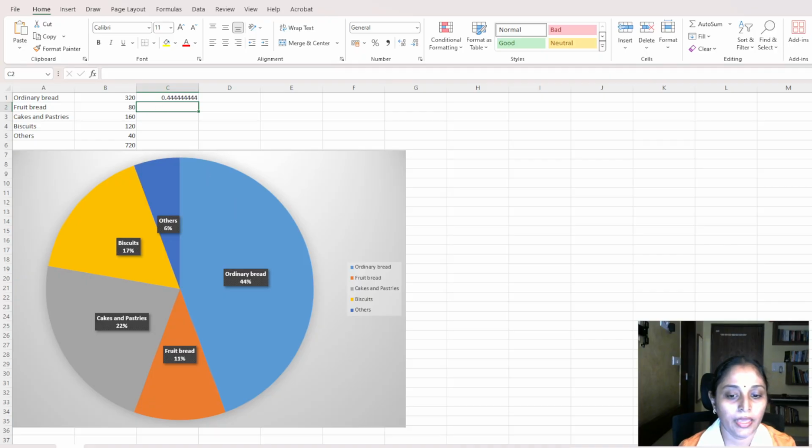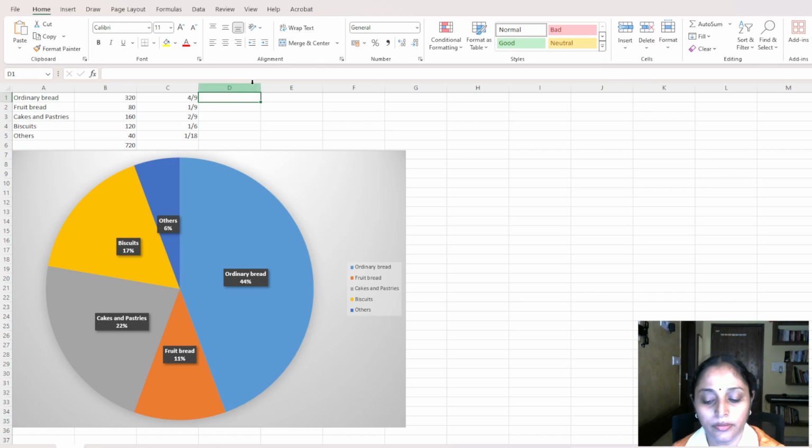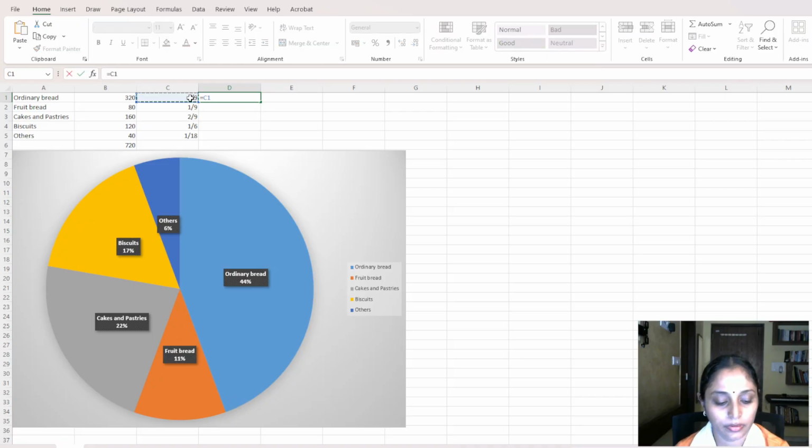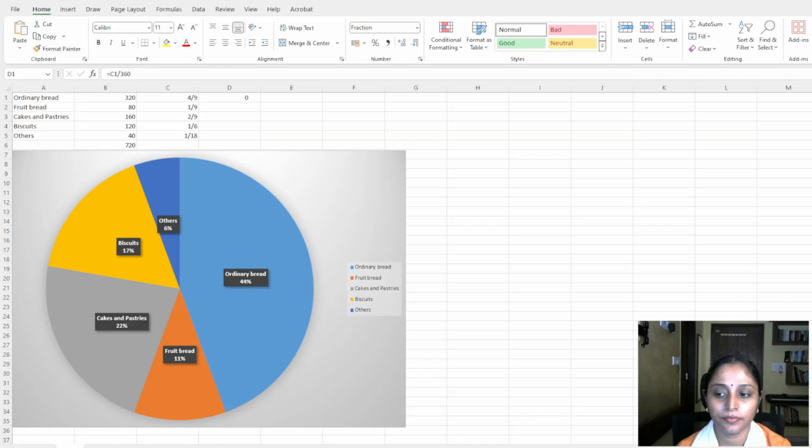Right? And then, see here I've got the fractions, right? Now from this I'm going to calculate the angle. So here I have the angle.